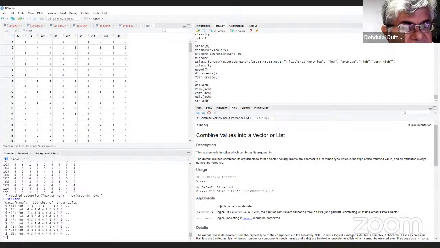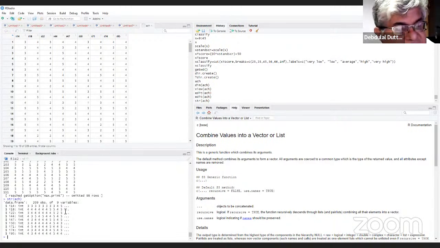Total 209 observations are there, and 9 variables. This data is from a 1 to 5 rating scale. All these are rating scales.